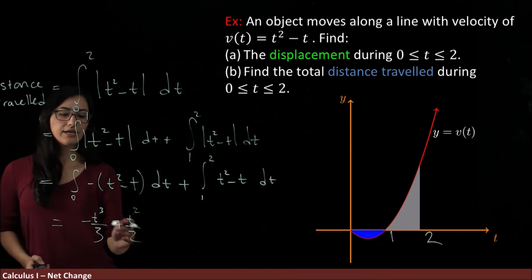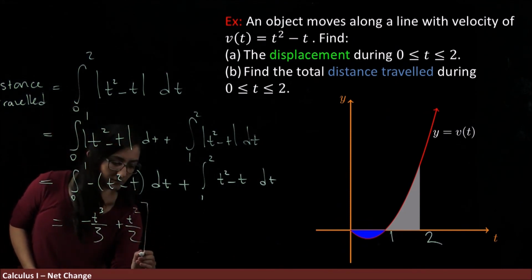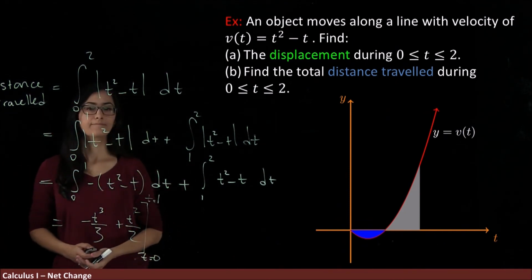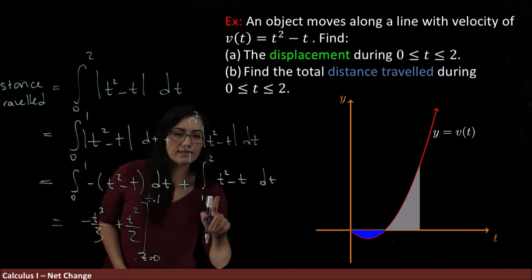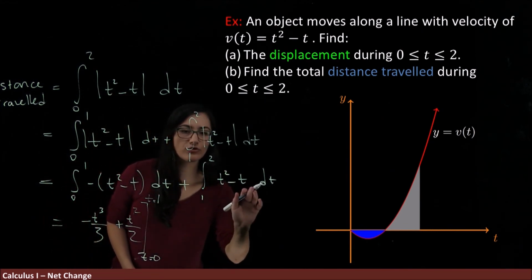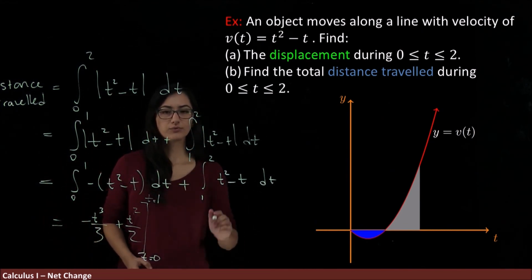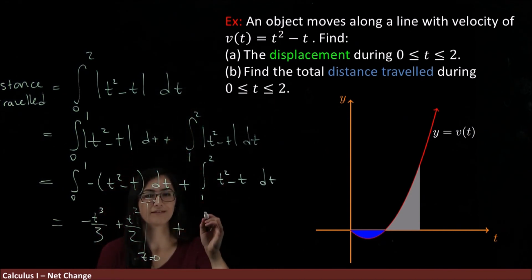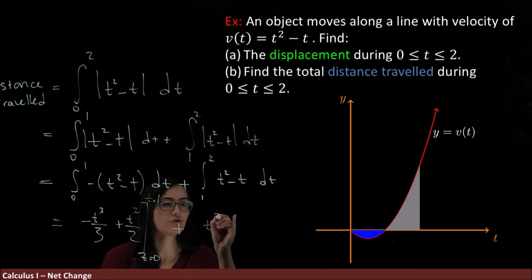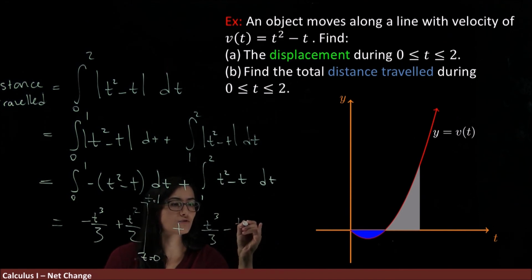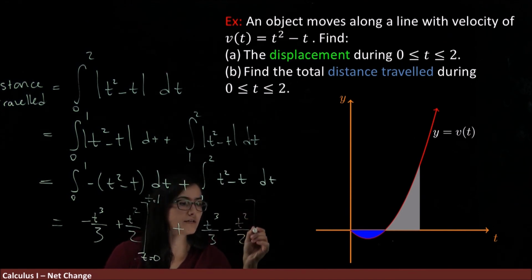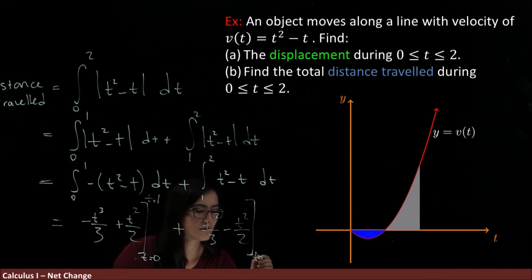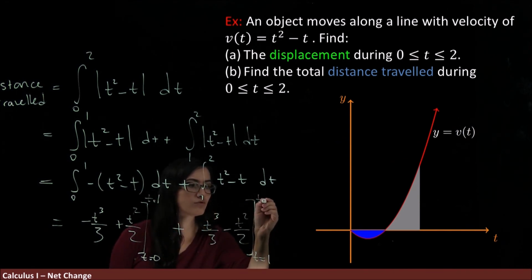And we want to evaluate this from 0 to 1. And the integral of t squared minus t from 1 to 2 is going to be t cubed over 3 minus t squared over 2. And we're going to evaluate this from 1 to 2.